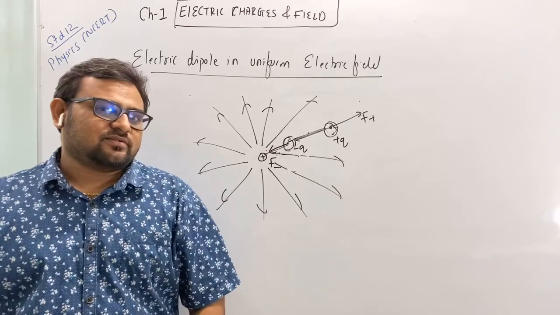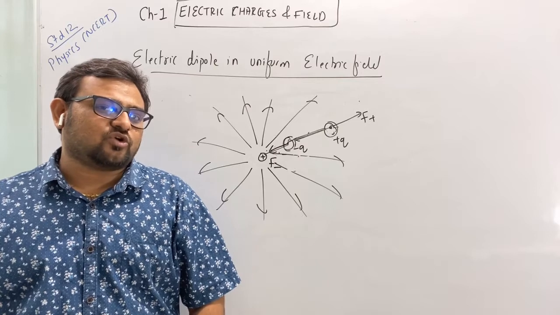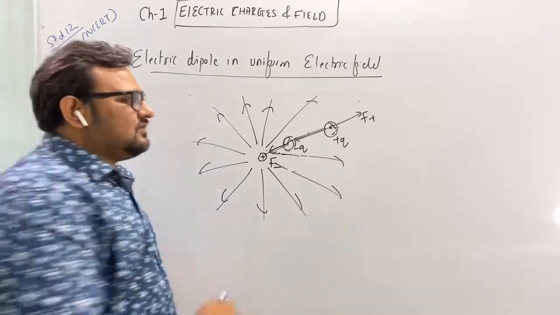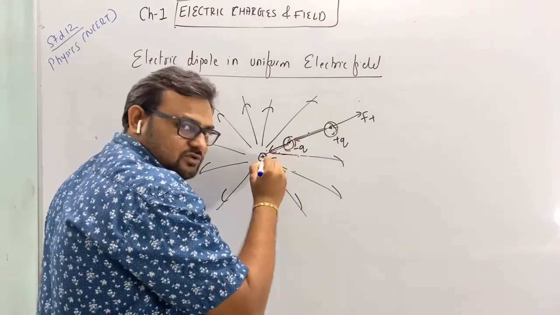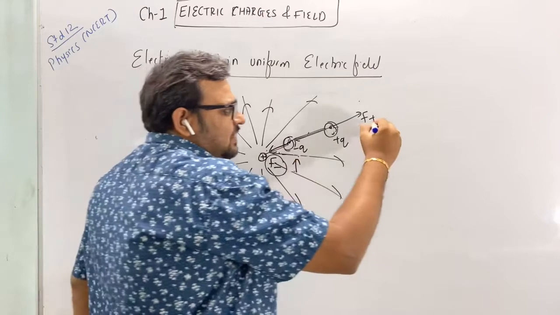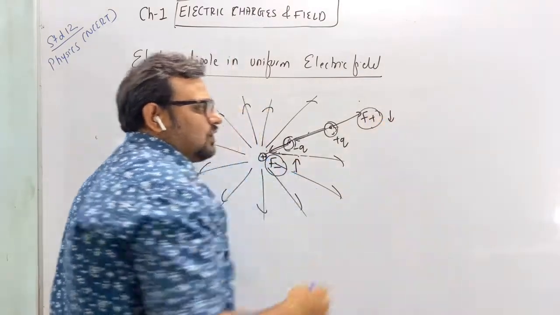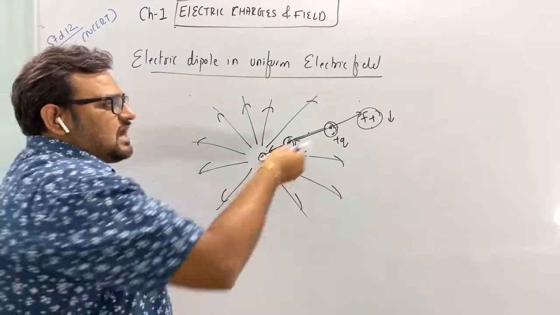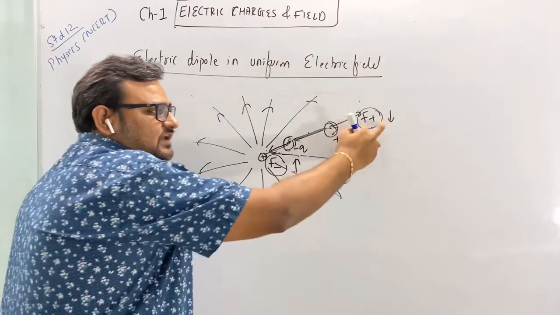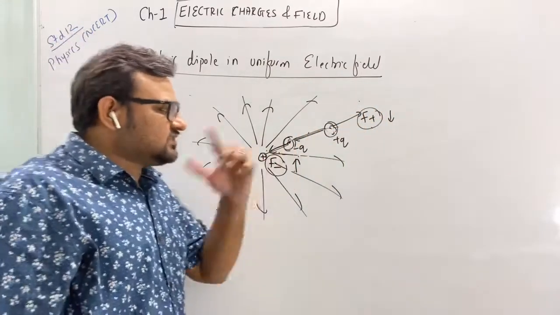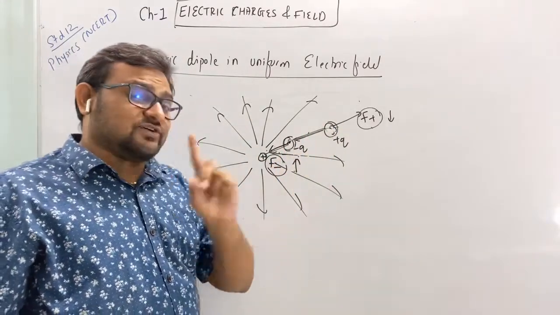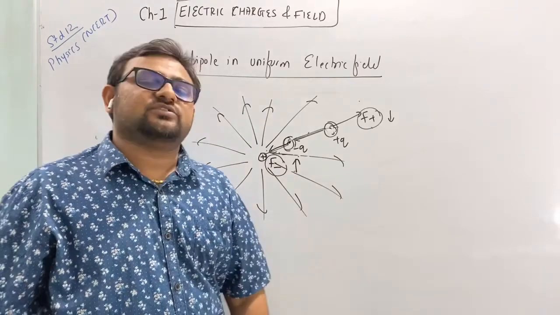So will the force be equal to 0 or not? It will not be equal to 0. Reason: this charge is closer. So F equals k Q1 Q2 by r square will be higher for this one, and this force will be lower. So this dipole will move in this way, because this attractive force is higher than this repulsive force, as this charge is at a closer distance. So remember, in this case, the force acting is not equal to 0.